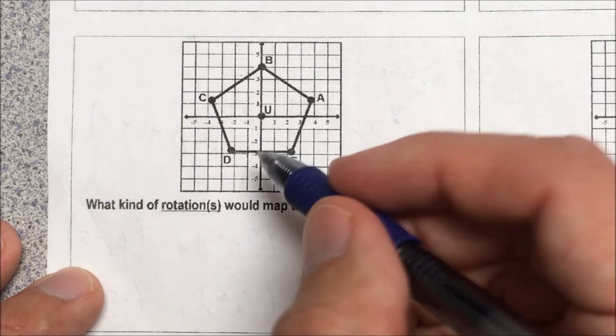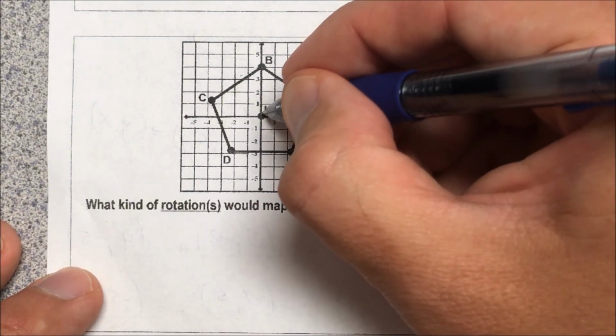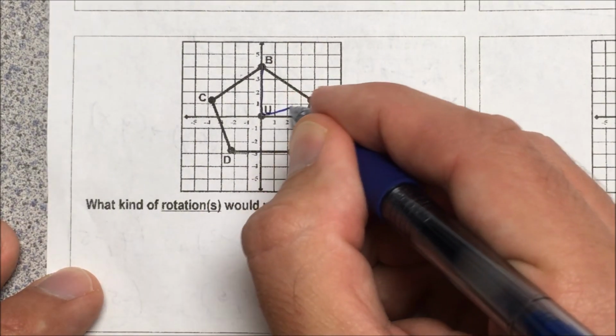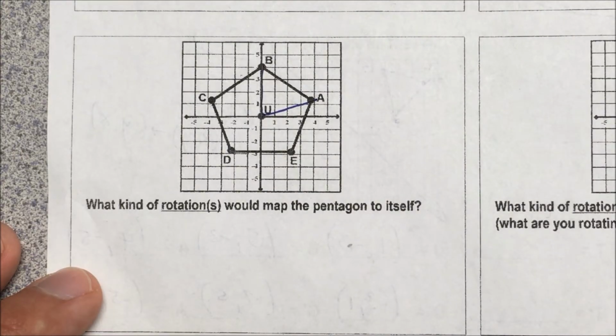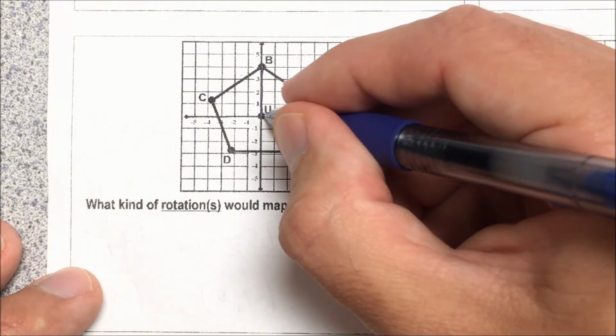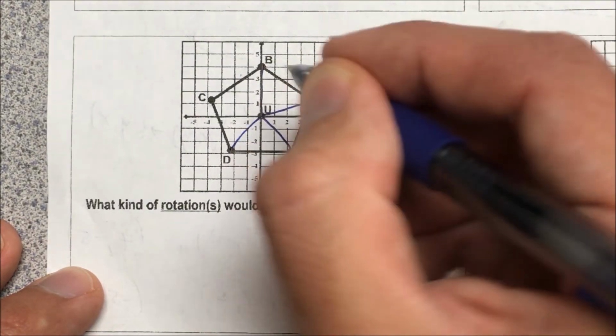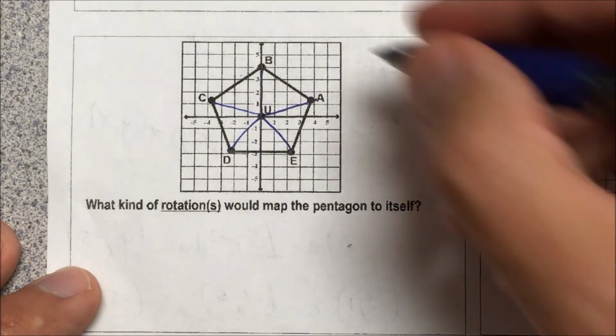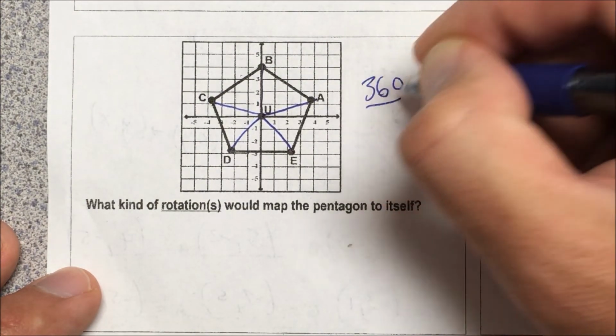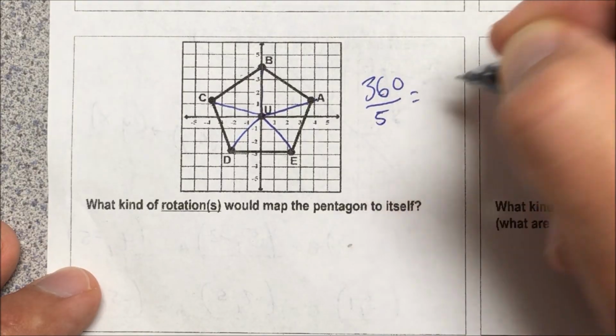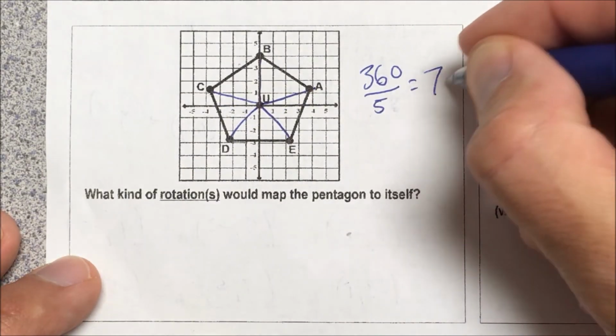But what I'm going to do is, I have 5 sides, and so I know that if I rotated it that angle right there, it would be in the same spot, because that angle is the same as this angle, is the same as this angle, and it's the same as that angle. So I could say 360 divided by 5, and that's 72 degrees.